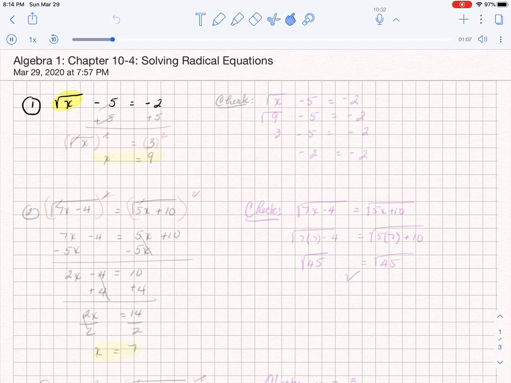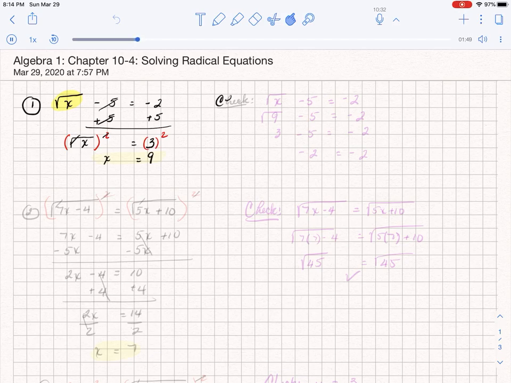One way to get rid of it is by doing the inverse operation. In order to undo the square root of x, you need to square both sides. Once you square both, the square root and the 2 cancel each other out. So you should have x equals 9.